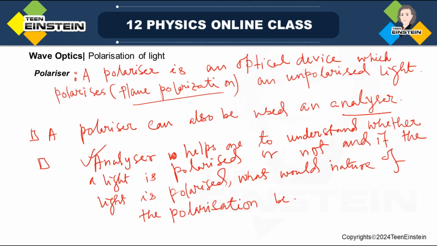That also can be understood from this analyzer. So when a polarizer is used to analyze the light, it is actually called an analyzer.